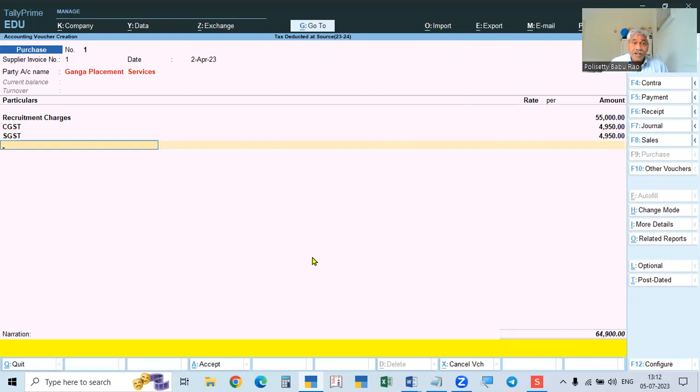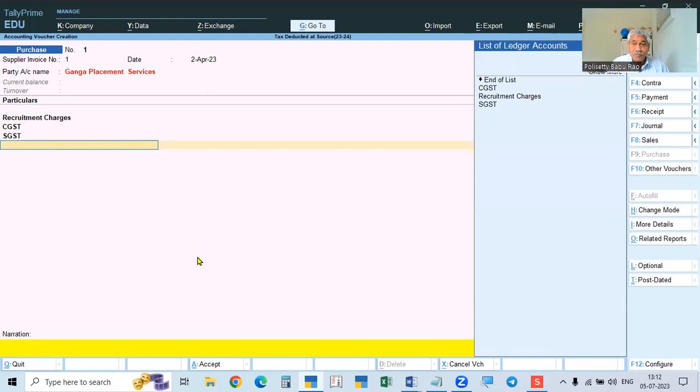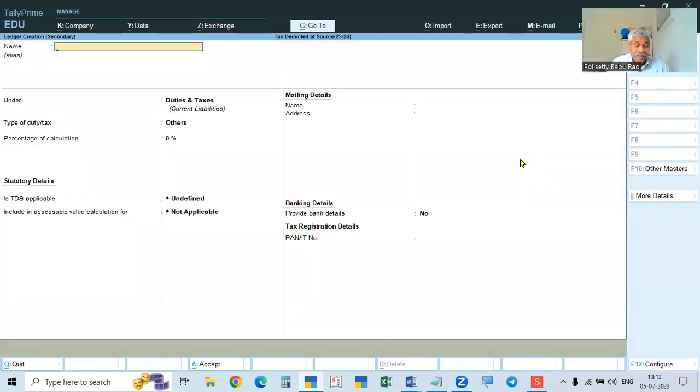Just like we created CGST and SGST for collecting the tax, similarly for deducting the tax, we have to create a tax account called TDS payable. TDS payable, because we have to collect the tax and pay to the government.